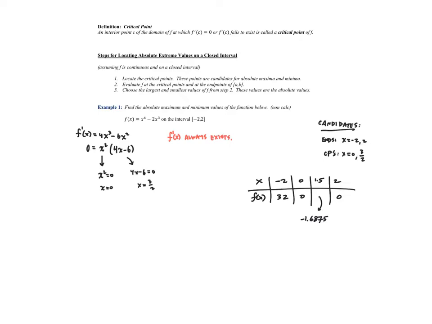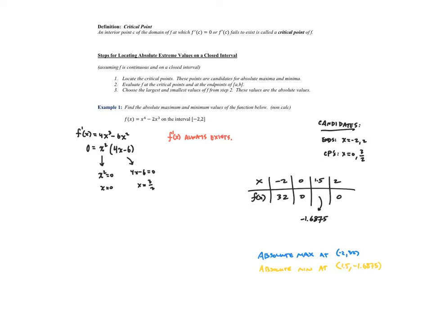So now I have an absolute maximum value at the point -2, 32, and I've got myself an absolute minimum value at the point 1.5 and negative 1.6875.